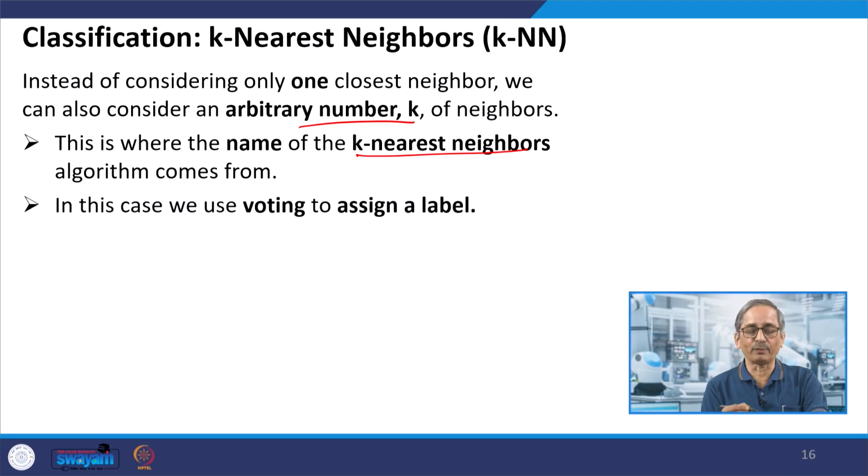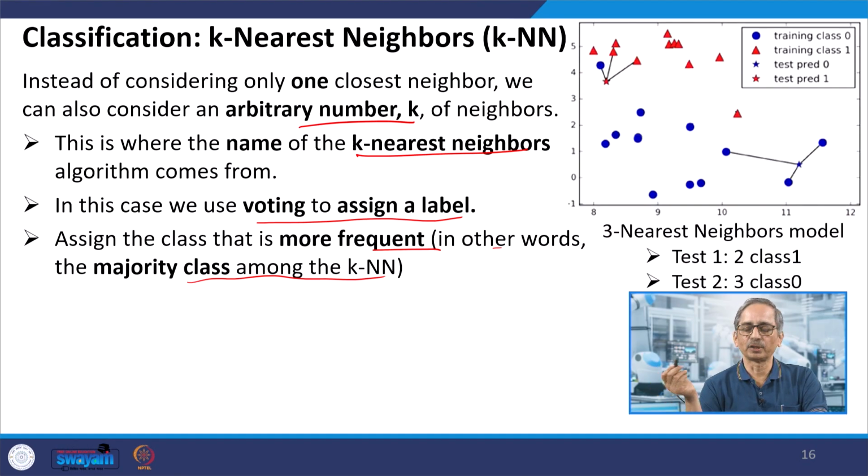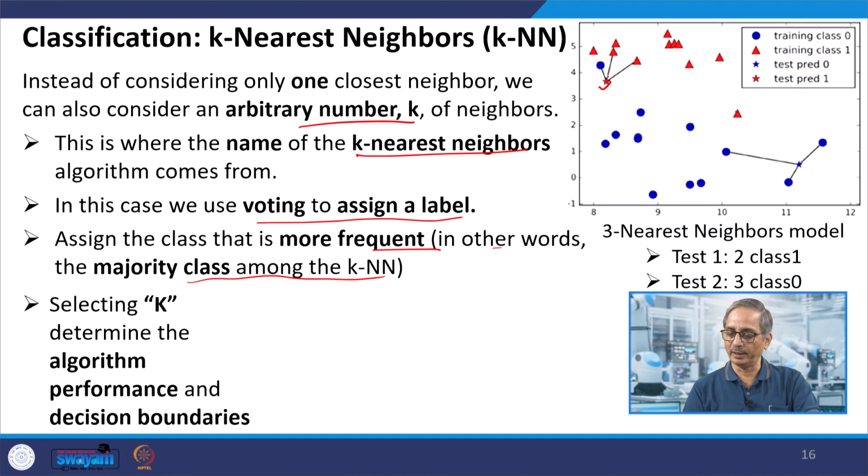In this case we use voting to assign a label, so we assign the class that is most frequent, in other words the majority class among the k nearest neighbors. For this data point, 1 is near class 0 and 2 are near class 1, so the prediction is going to be class 1, because 2 such neighbors are closer.